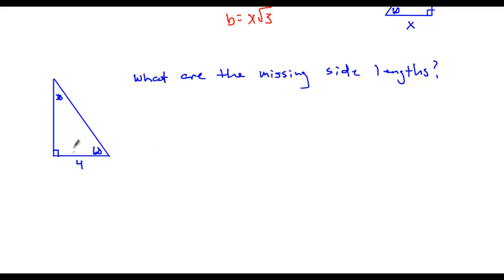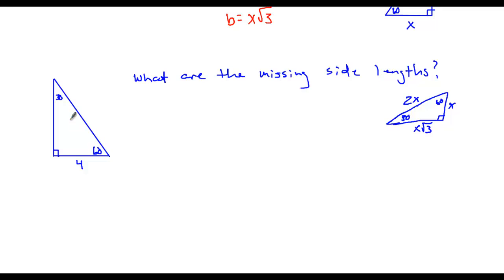Well, in the past, we wouldn't be able to tell this at all because it only tells us one side of the triangle, and we can't do the Pythagorean theorem unless we know both sides. But we do know our 30, 60, 90 pattern here, right? This is the 90, this is the 30, 60, and we know that it goes x, 2x, x times the square root of 3.